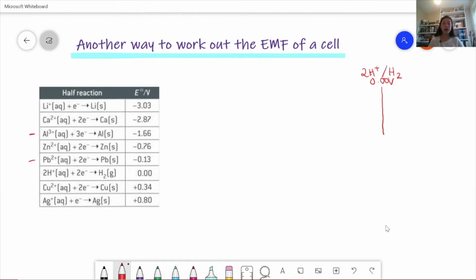And then we would put on the Pb2+, because that's the next one, which is closest to the hydrogen. And so we would then label that the Pb2+|Pb. And then we would also write down the minus 1.66, the Al3+|Al. So that's a bit further away, so it's about here.